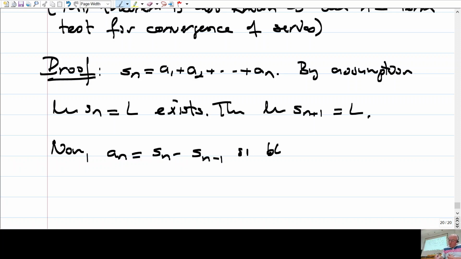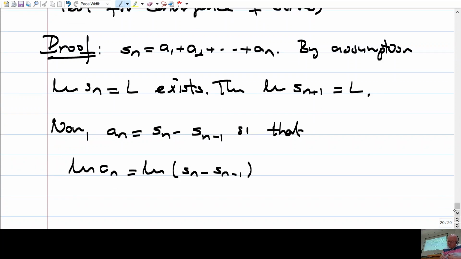So the limit of a_n will be the limit of S_n minus S_(n-1).